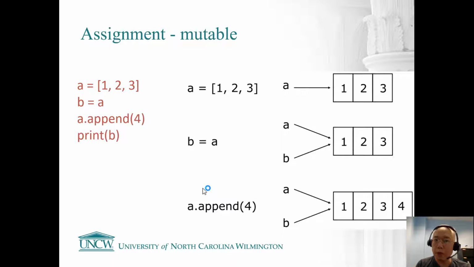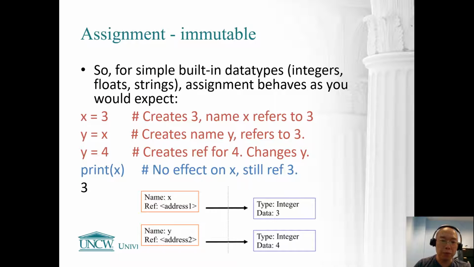Now you see the difference. When we change A, B got changed too, because a list is a mutable data type. The change to A happens in place, so A and B both got changed.